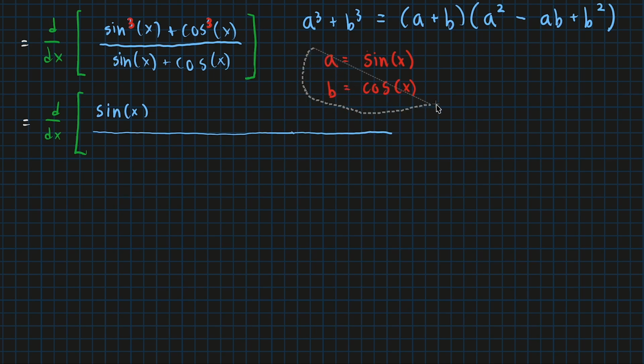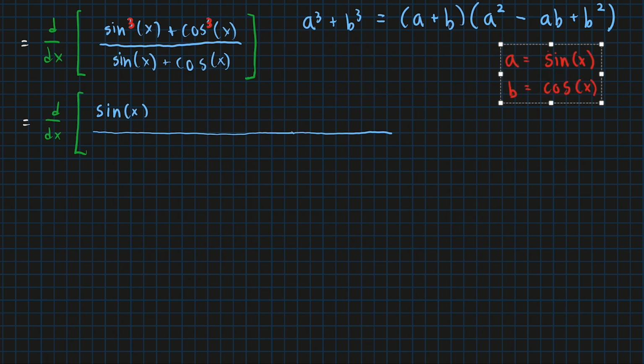And let me just move this over. So let's say this is a, and we are adding cosine of x to that, because cosine of x is our b. All right, now we have to multiply this.